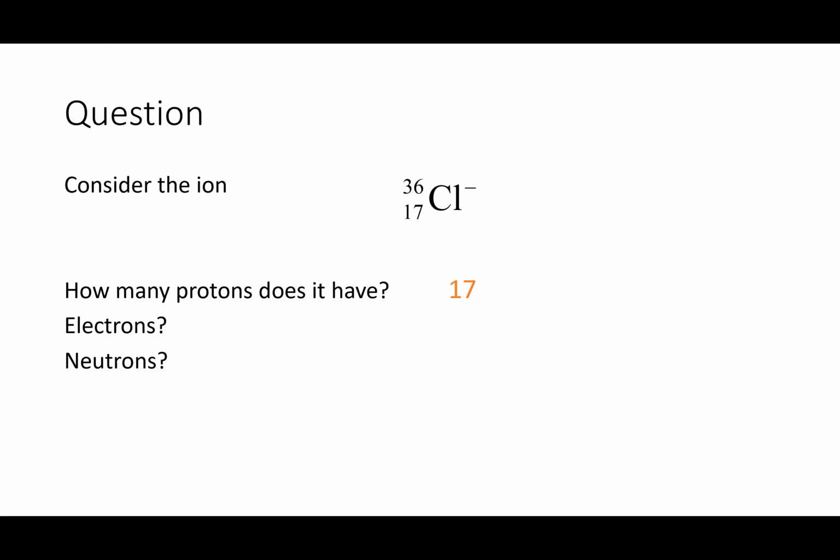For electrons, you can see that it has one extra electron because it's a -1, so we take 17 plus 1 to get 18 electrons. Neutrons are always the mass number minus the atomic number. So 36 minus 17 is 19.